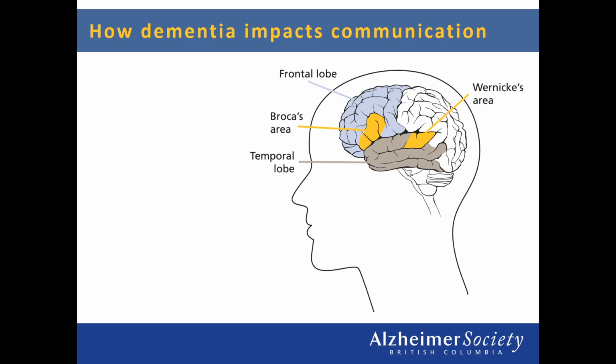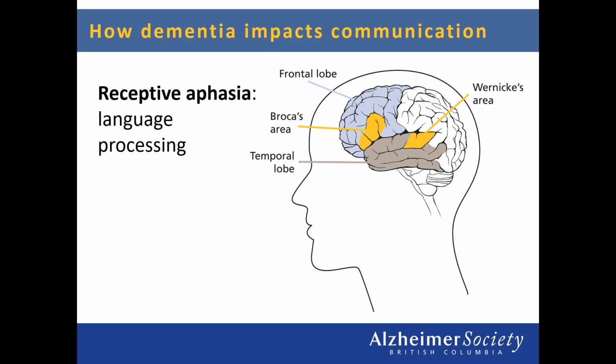When this region is damaged, the person has difficulty with language processing, including recognizing individual words and naming objects. Words become difficult to understand, or they lose their meaning. For example, the person may hear the word fork, but not understand what a fork is. This is known as receptive aphasia. You can think of it as problems with language coming in.